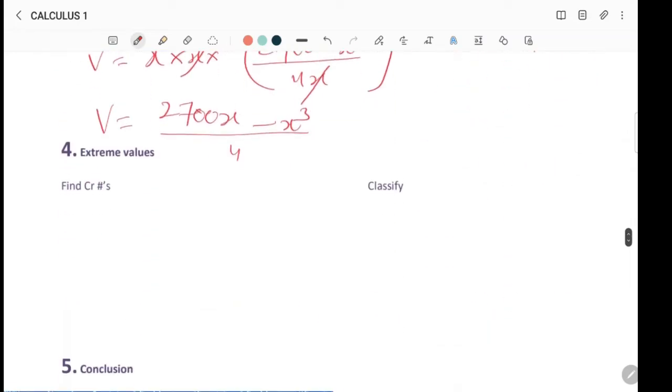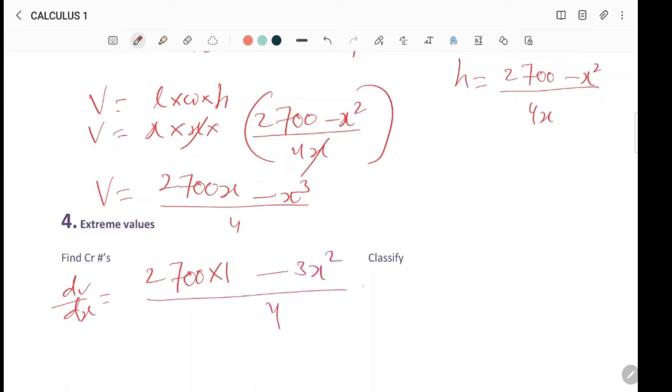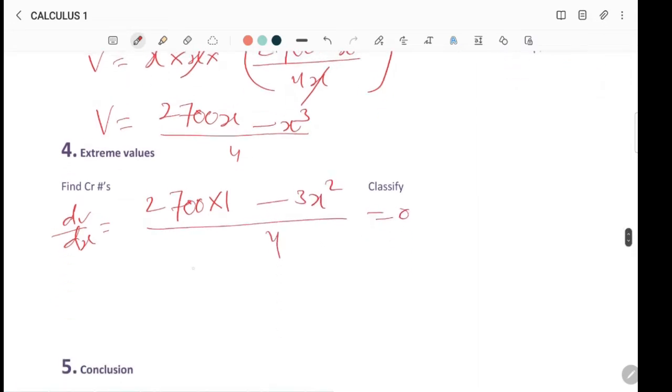Now for maximum or minimum, you know that, differentiate. dV over dx is 2700 times 1 minus 3x square over 4, and that should be 0.